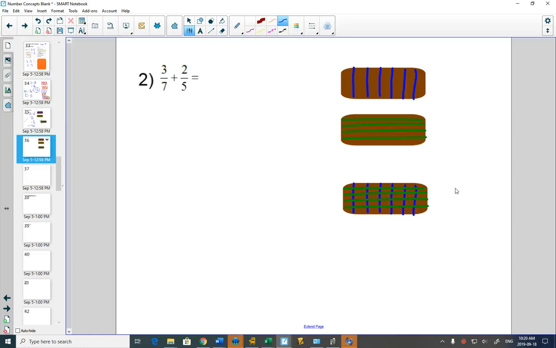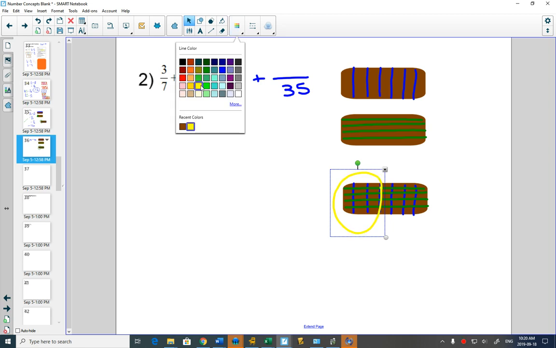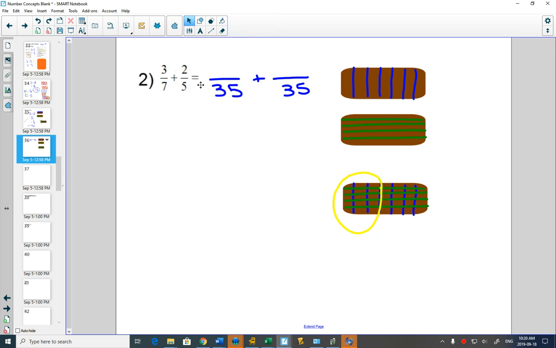So now, 3/7 is going to be something over 35 plus something over 35. How much is 3/7? It's 1, 2, 3 blue pieces. If I took 3 blue pieces here, if I took 3 blue pieces there, how many pieces do I have in total? 15.